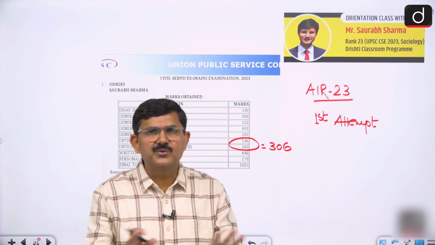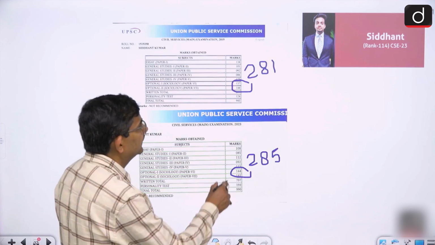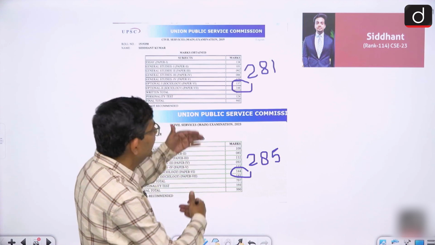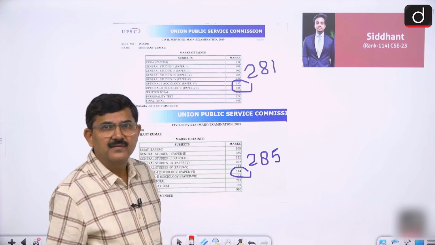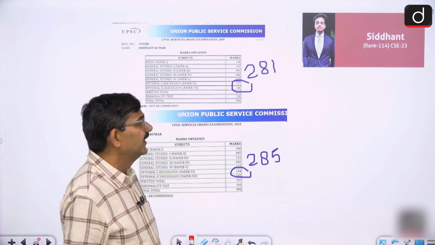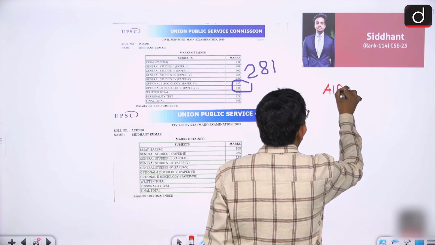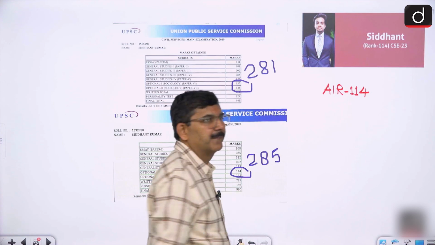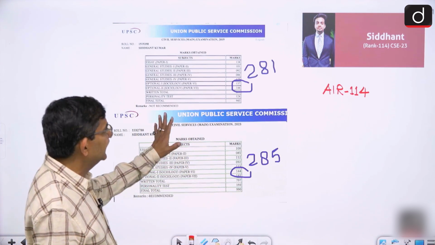The thing is that there is no such requirement, and we can take some other examples. Siddhant, in the same year, last year itself, but his story is a little different. Yes, let's take that one. First of all, he got AIR 114, but he struggled a lot.